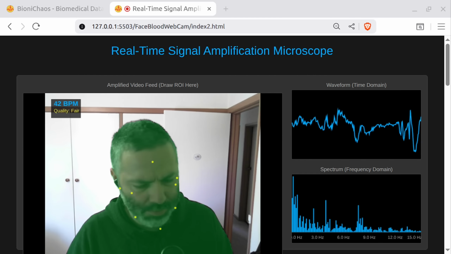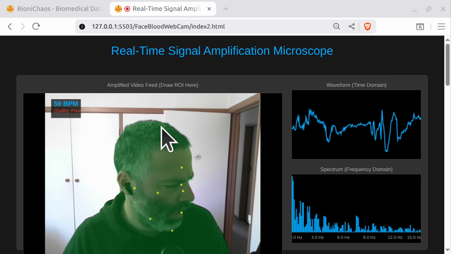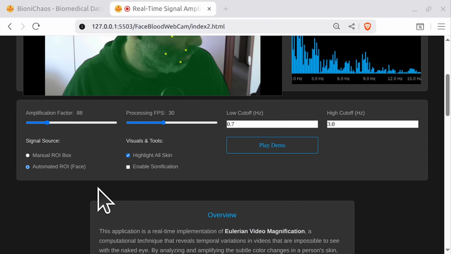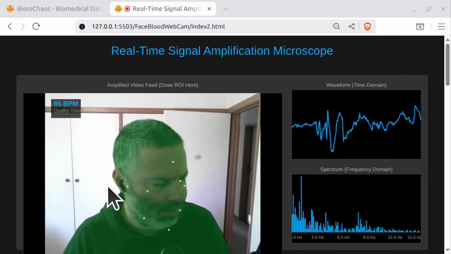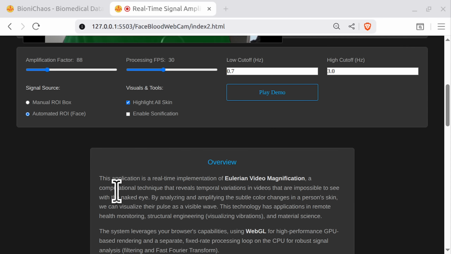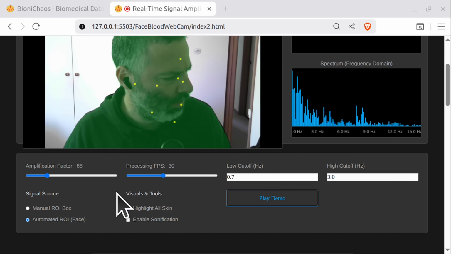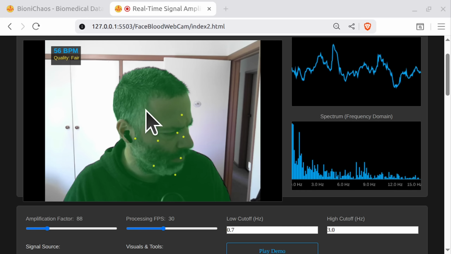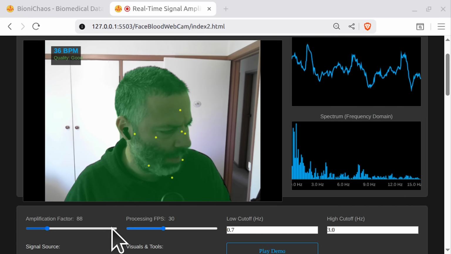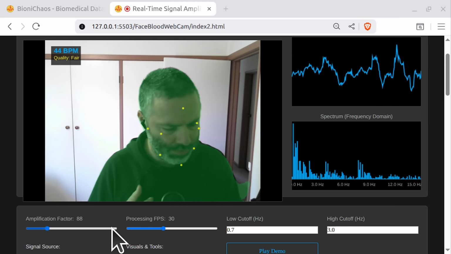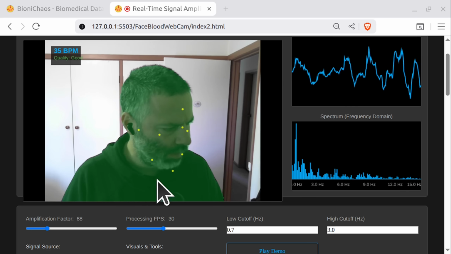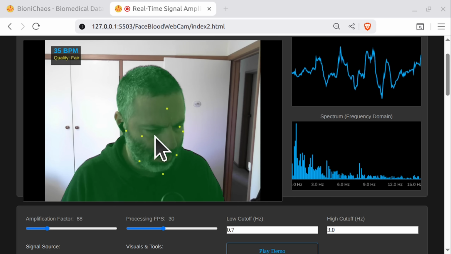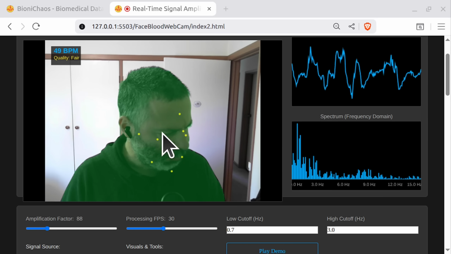So can we just confirm: when we have the automated ROI phase, we have the highlight all skin. Is all the highlighted skin taken, because it's highlighting hair and jumper, clothing and everything. It's not just highlighting the skin. That could be an issue, isn't it?